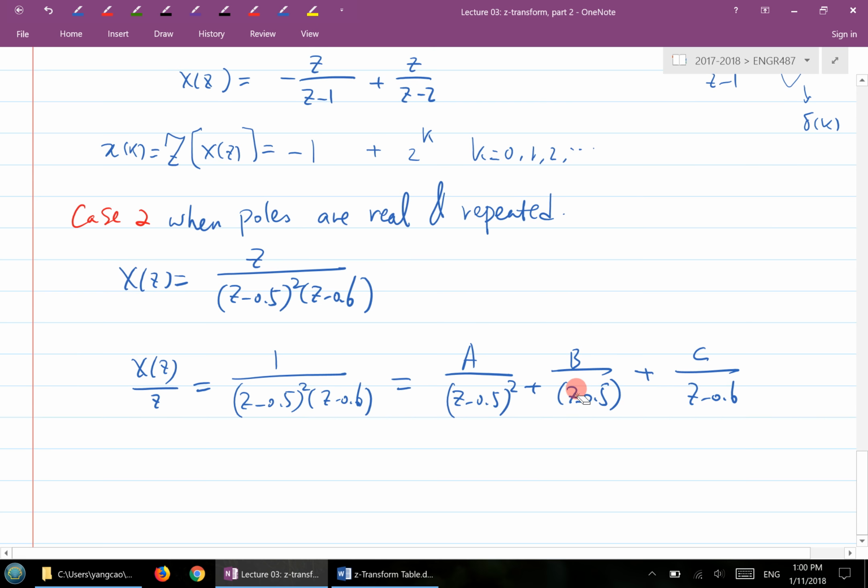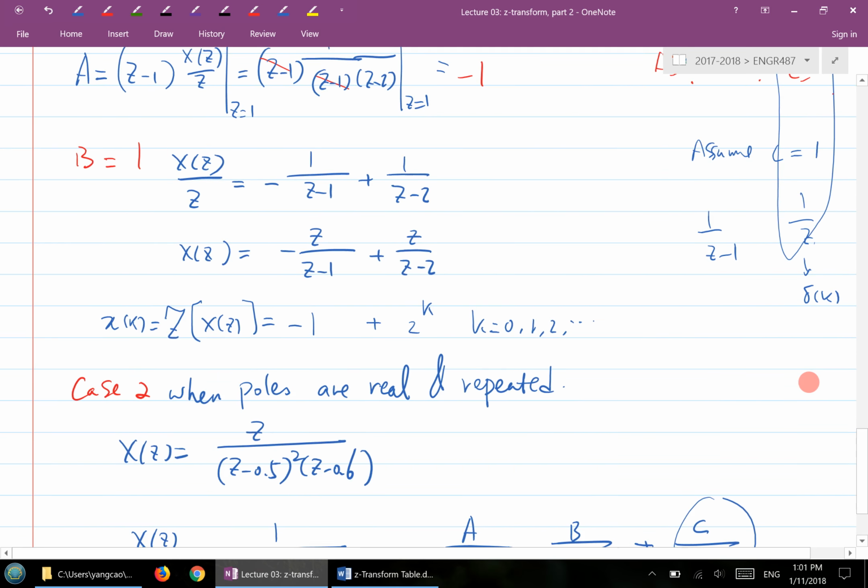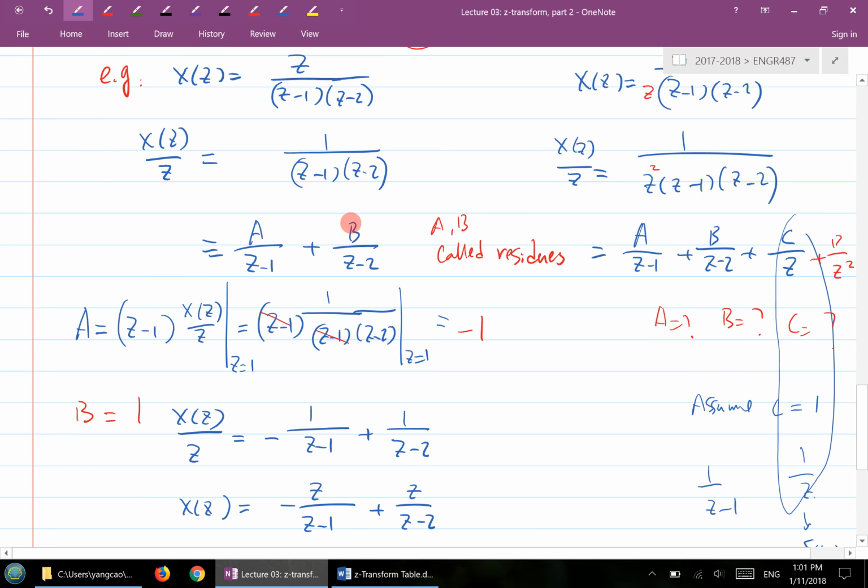You can start by finding the residues b and c. They're actually quite easy to find. So for a and c, actually. For the c value, this is more or less the same as finding a and b in case number 1.